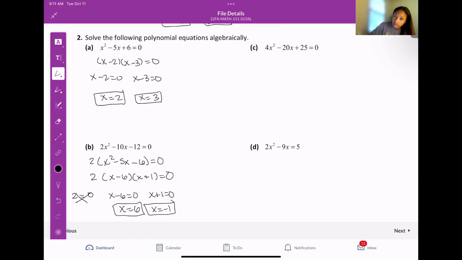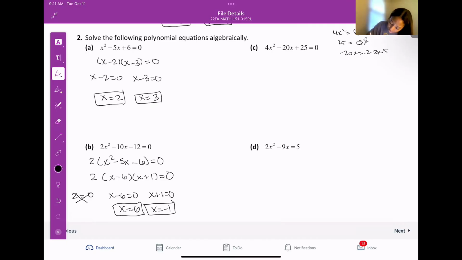So you can come to the side and do this if you want. 4x squared is 2x all squared. 25 is 5 squared. And then negative 20x is 2 times 2x times 5. Negative 2. But that does work out.